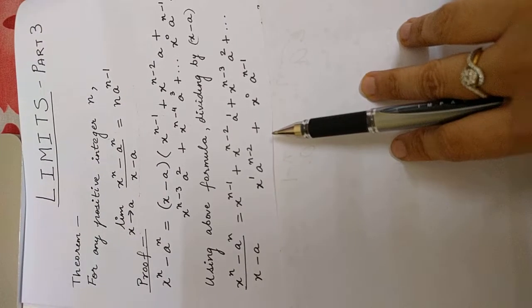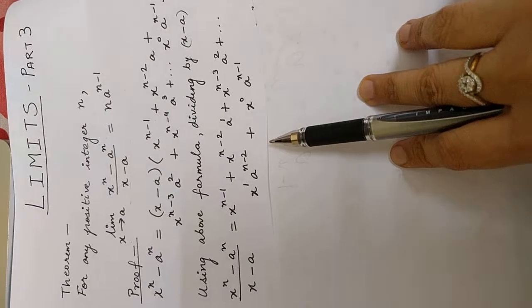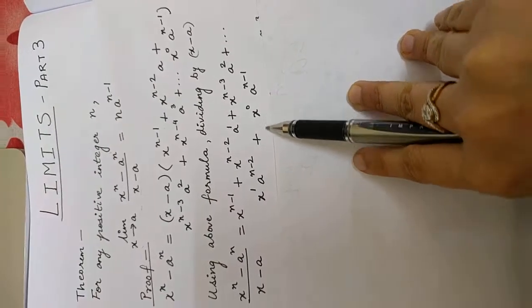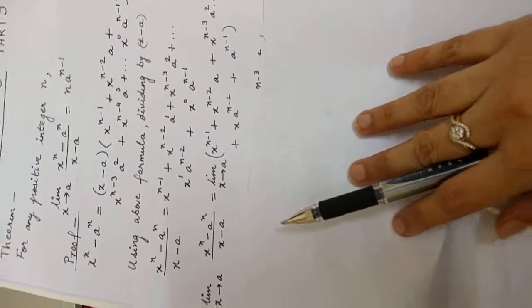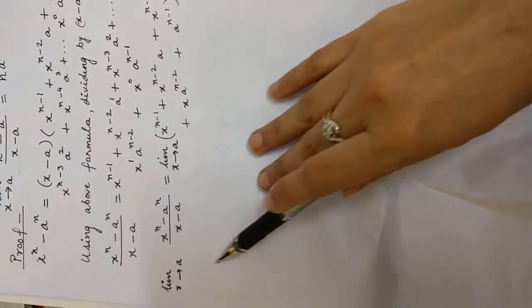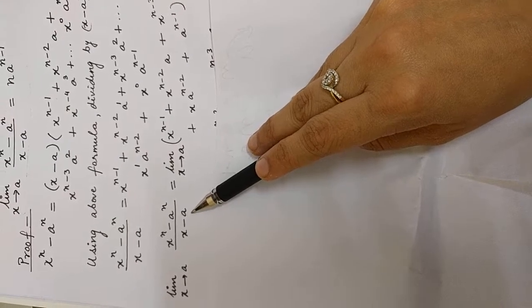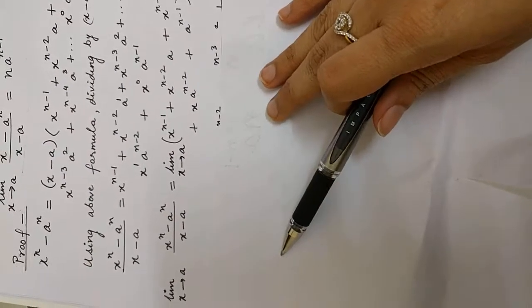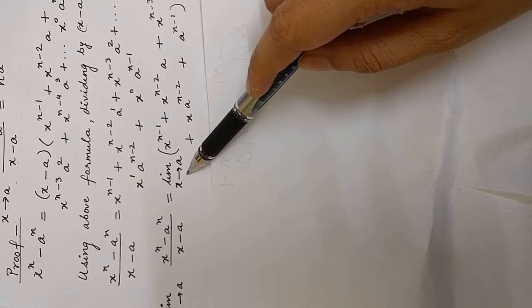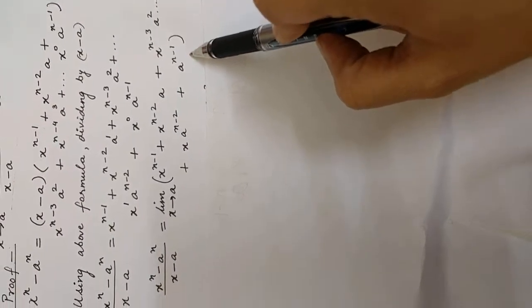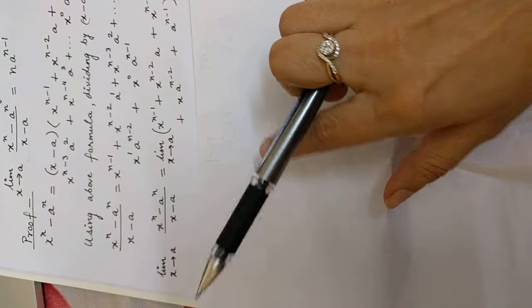So x to the power of n minus a to the power of n upon x minus a equals this, using the above formula again. And now we'll put limits on both the sides. So limit x tends to a, x to the power of n minus a to the power of n upon x minus a equals limit x tends to a, of the bracket. So basically we are putting limits on both the sides.